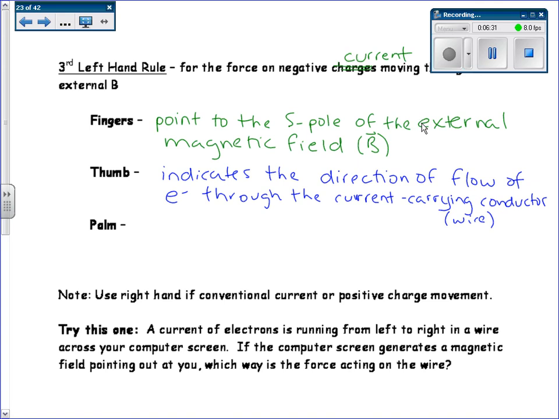And your palm indicates the direction of the magnetic force on the wire.